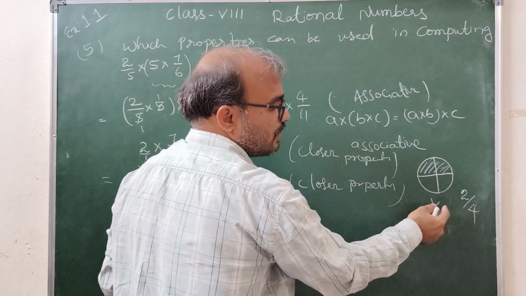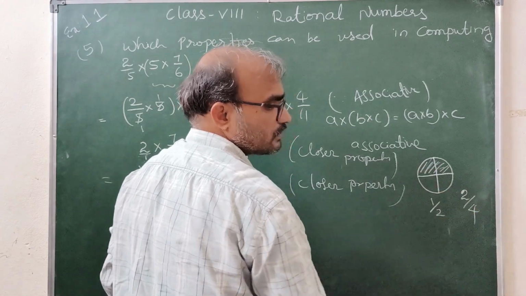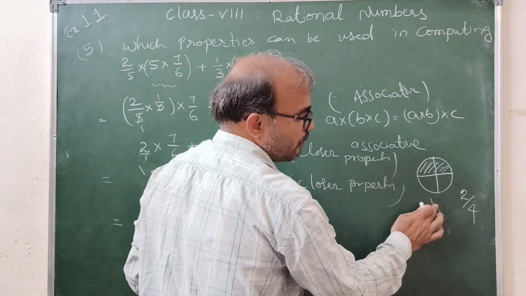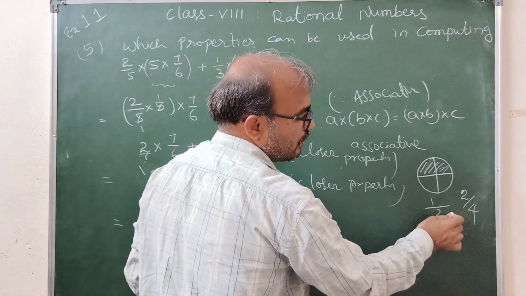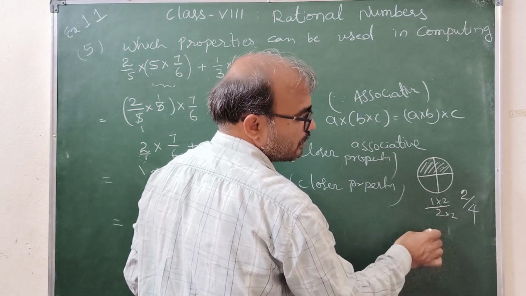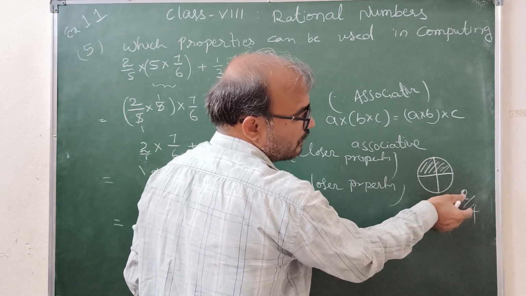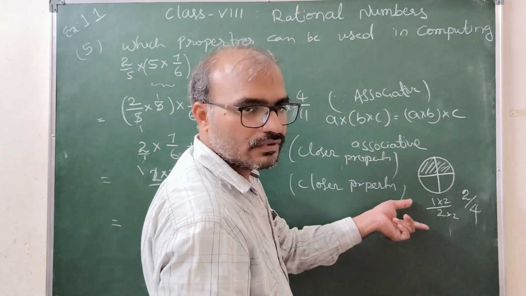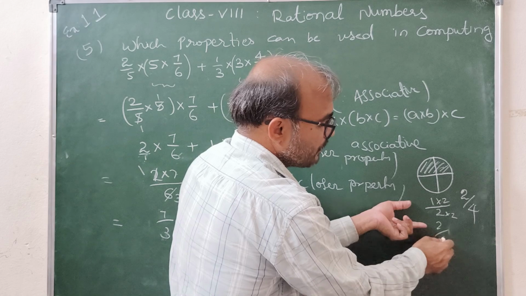Previously this was half, now this is 2/4. If you multiply denominator and numerator by the same number, the quantity of the fraction won't change. This will be 2 by 4.